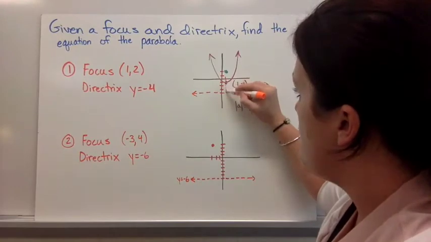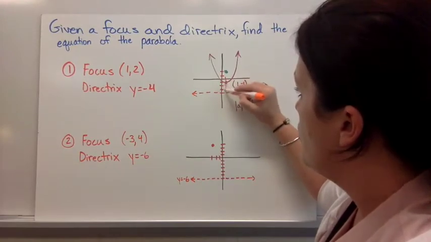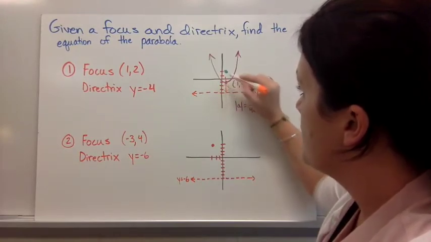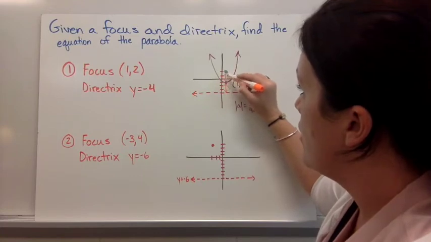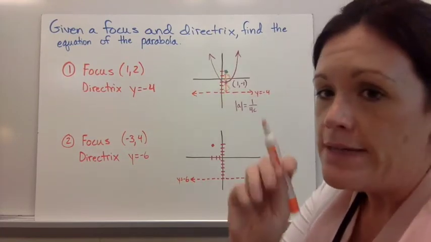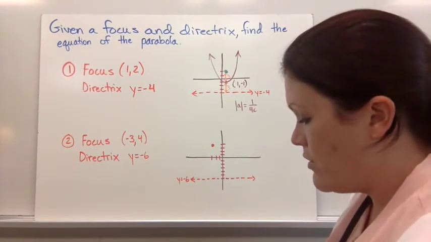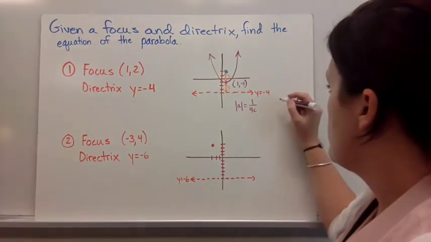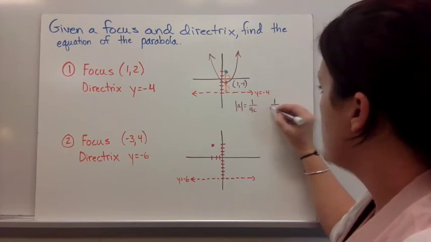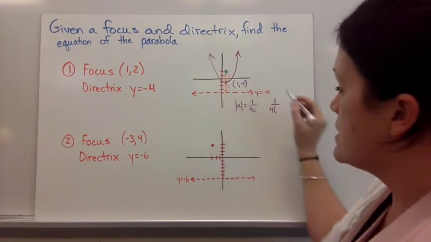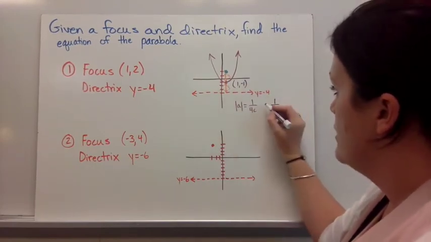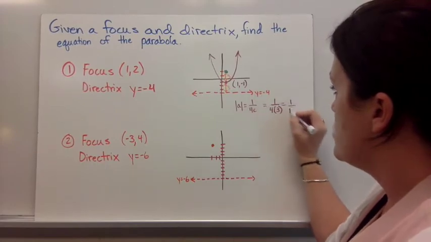So the distance right there was 3 units. But it's the same distance right there, 3 units. But that's our C value. So the absolute value of A is equal to 1 over 4 times C, which in our example right here is 3. So A is equal to 1/12.